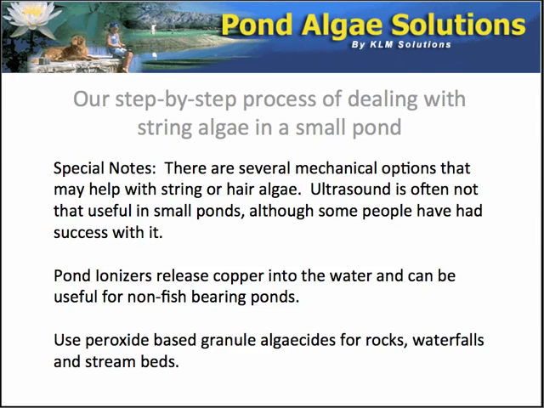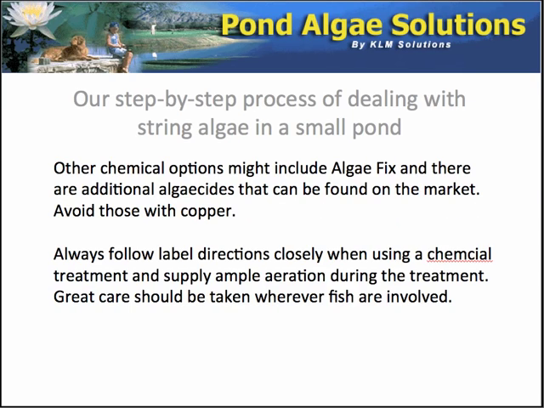We do not use it for major cleanup in the pond body. And mainly it's just due to safety. You just simply want to be very careful whenever you're applying any chemical product to the pond body. But the peroxide-based tools are very safe to use if they're used as we direct them, and that's for spot control on the rocks, waterfalls, and stream beds.